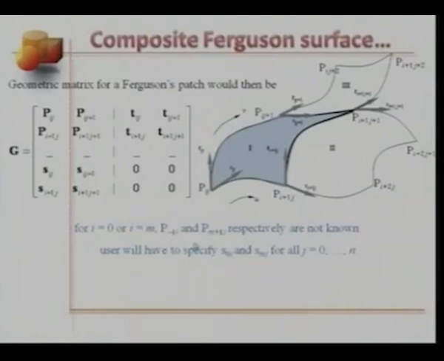To counter this, the user now will have to specify the slopes S0j and Smj for all values of j from 0 to n.